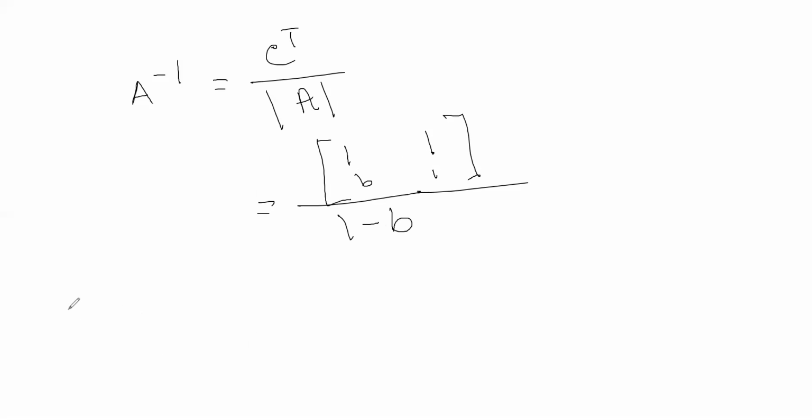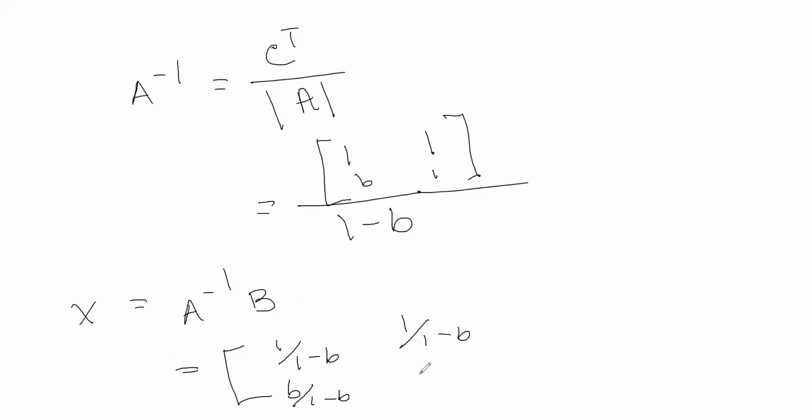And at the end, x is equal to A inverse b. Let's make it like that: 1 divided by 1 minus b, here also 1 divided by 1 minus b, here it is b divided by 1 minus b, and here again 1 divided by 1 minus b.